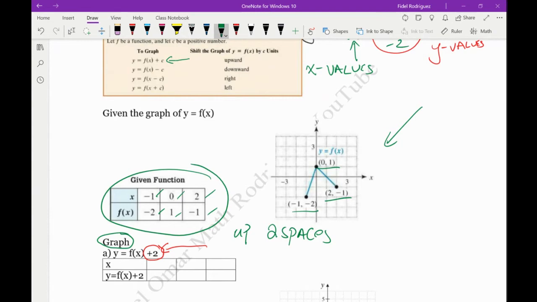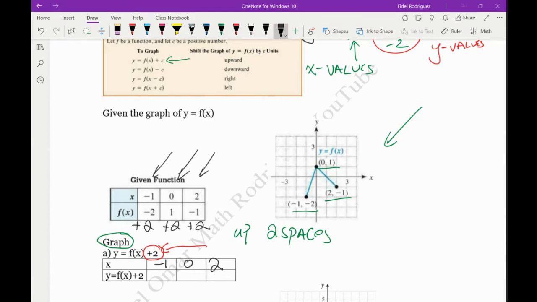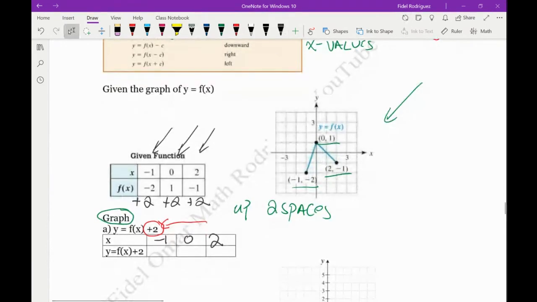So my x values, y'all, aren't going to change. So just like our x values here in this box were -1, 0, and 2, they're going to stay -1, 0, and 2. But if we're going up 2 spaces, what that means is with my y values, I'm just going to add 2 to each of those, and that'll move my graph up 2 spaces.